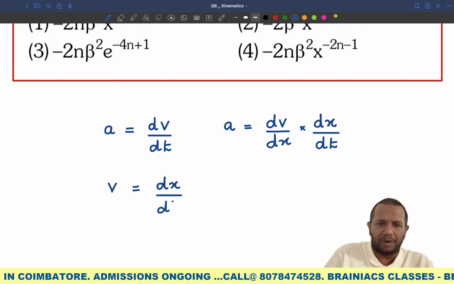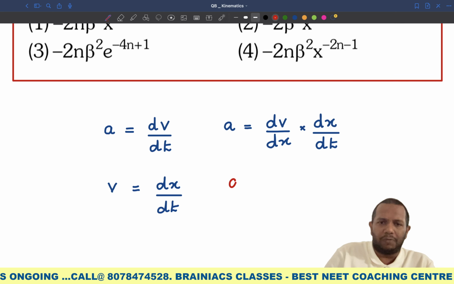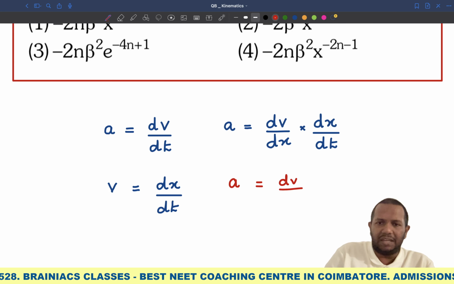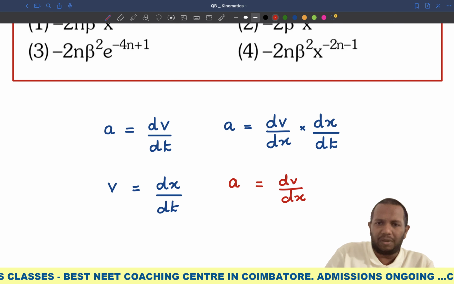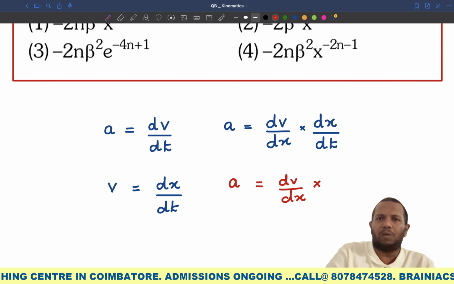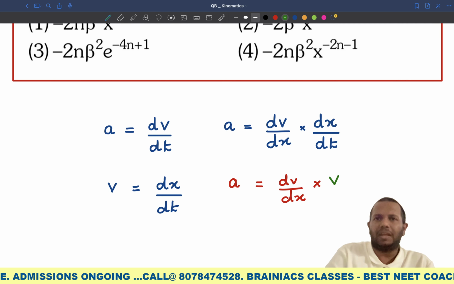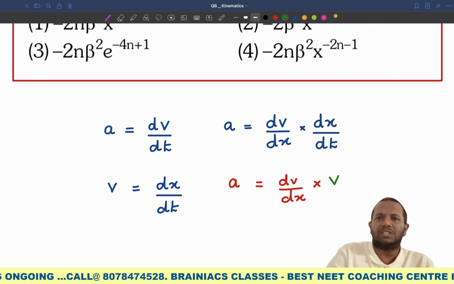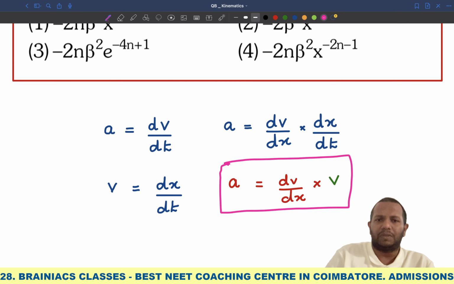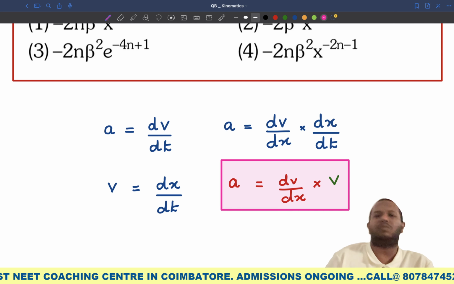So this equation can be modified as a is equal to dv by dx into, you can see here, dx by dt is velocity, so I will put the velocity term instead of dx by dt. This is my new equation which I am going to use in this question. To find the acceleration, I now need to know what dv by dx is.